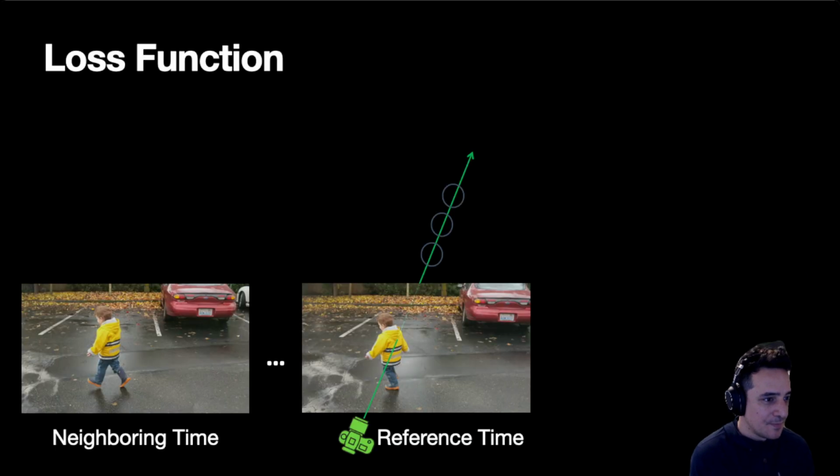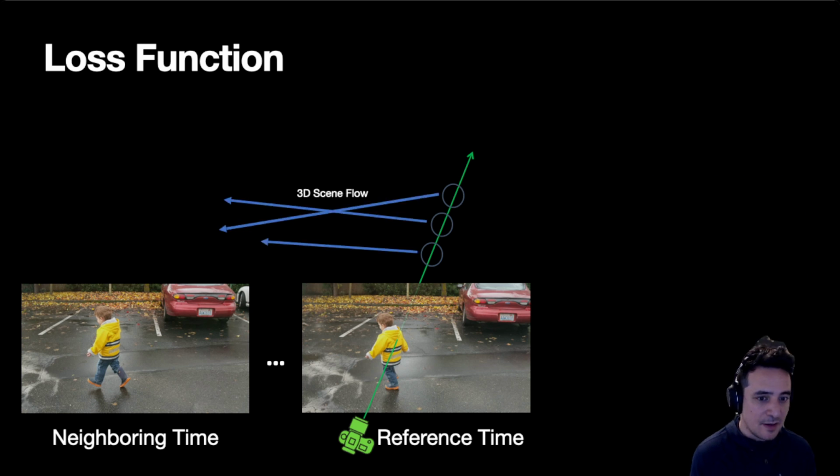In order to train this, we need a loss function that constrains the scene flow. The way this works is that we have a bunch of scene flow vectors, and we're going to warp the neighboring time into the reference time, and basically restrict the reconstruction along this warped ray to equal our reference view.